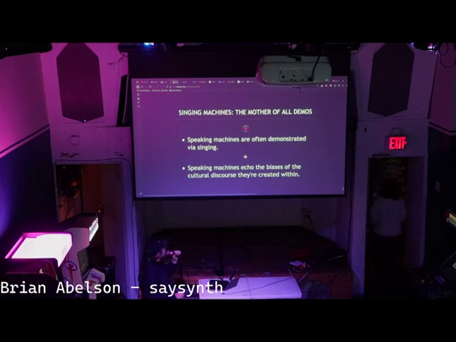Just before I go on, there's a couple of patterns here across history that are interesting to talk about. One is that speaking machines are oftentimes demonstrated using singing. And there's two reasons for this. One is that singing shows control over prosody, or a voice's ability to change tone or timbre or rhythm.